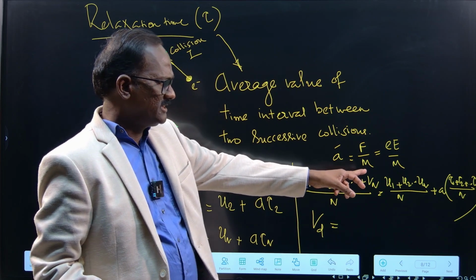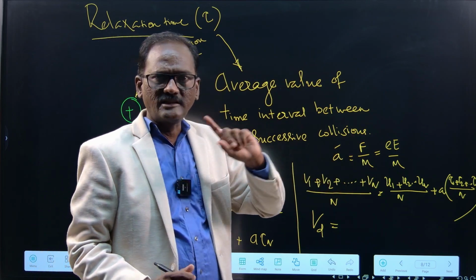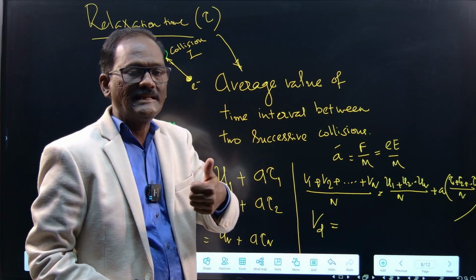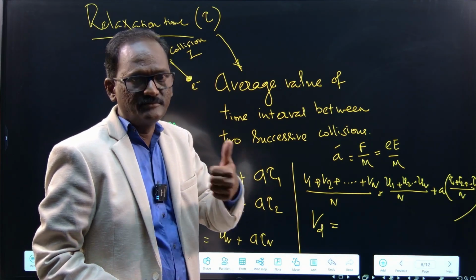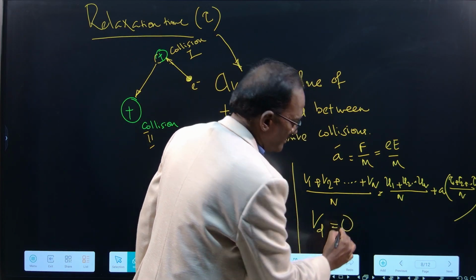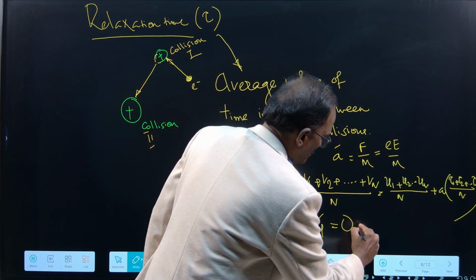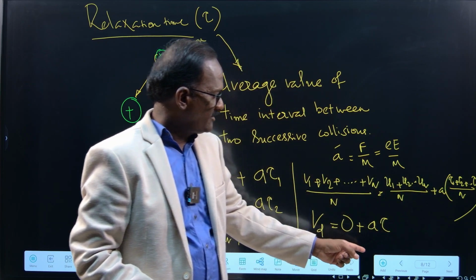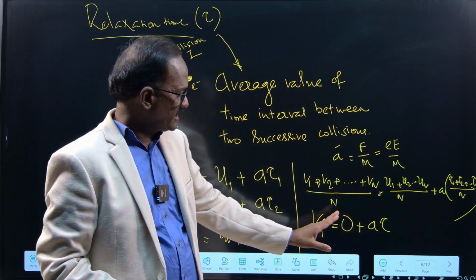U1 plus U2, this is the initial velocity, due to the thermal velocity. In the first case, we have seen that the average value becomes 0 because all the electrons are moving in random direction. Easily we can put 0 plus A into tau average, or simply tau.